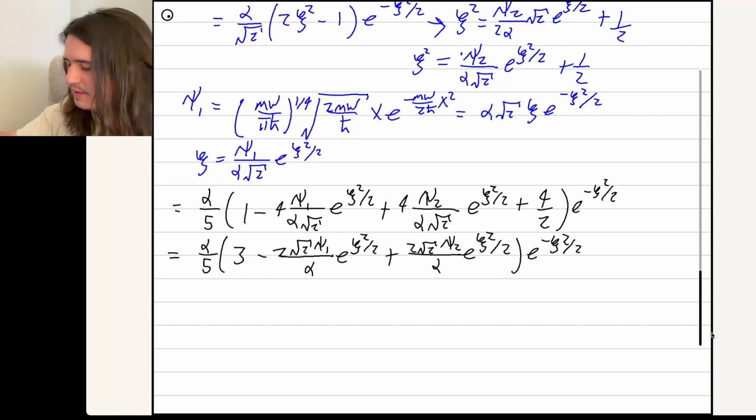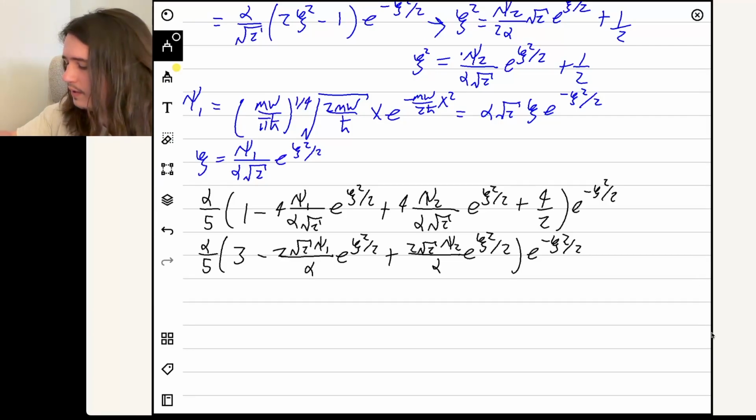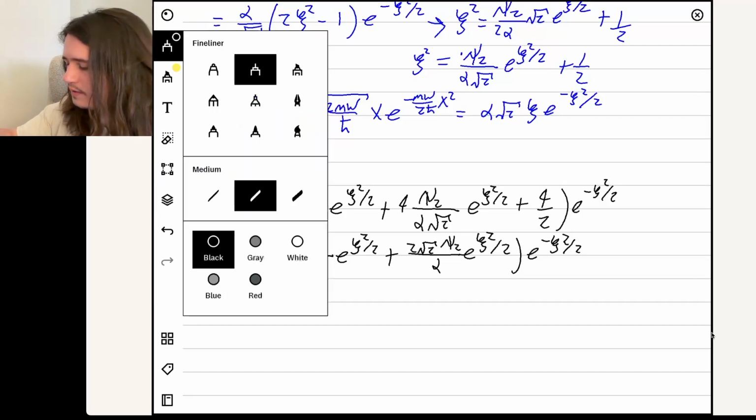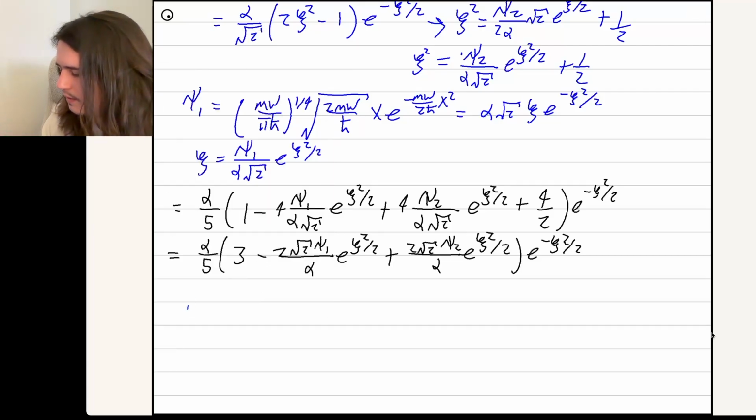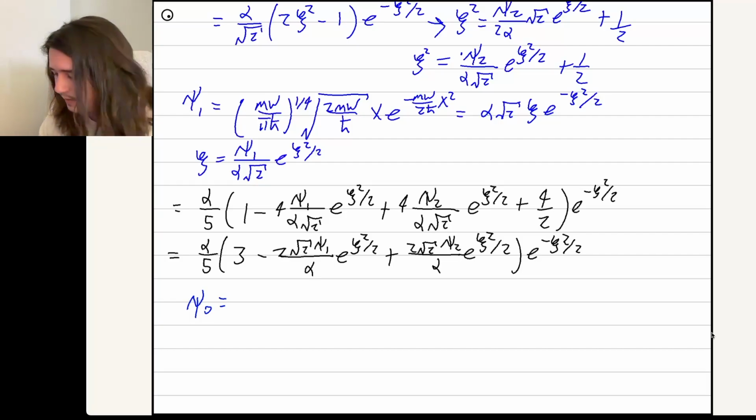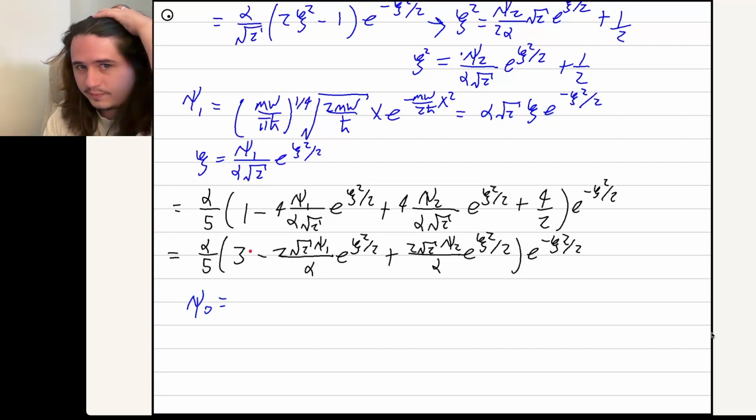So as silly as it sounds, now we can look at the stationary state psi 0 and use it to get an expression for c to the 0, which is 1, which we'll plug in right there.